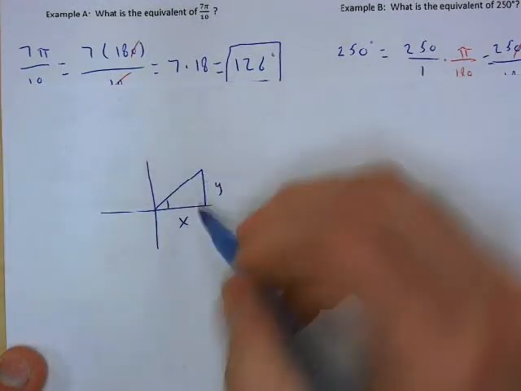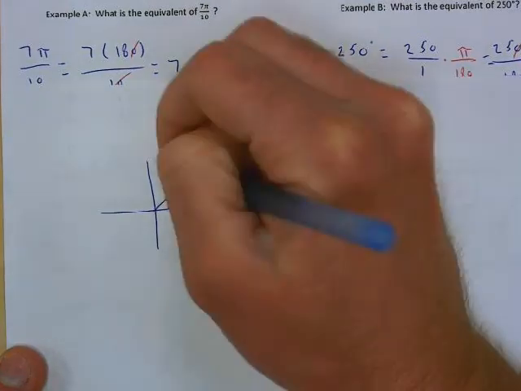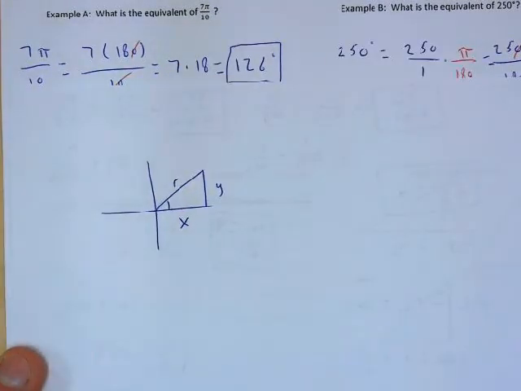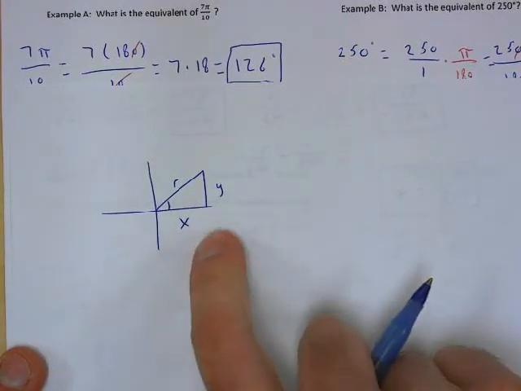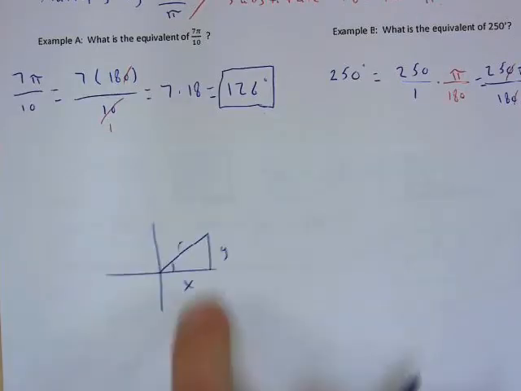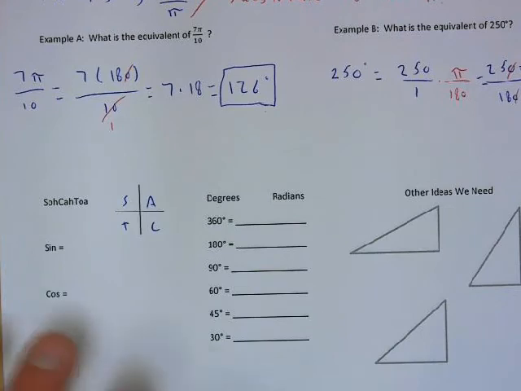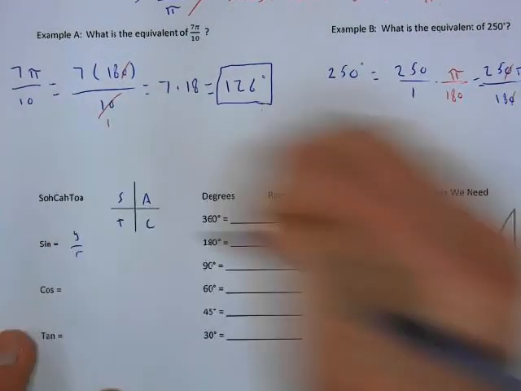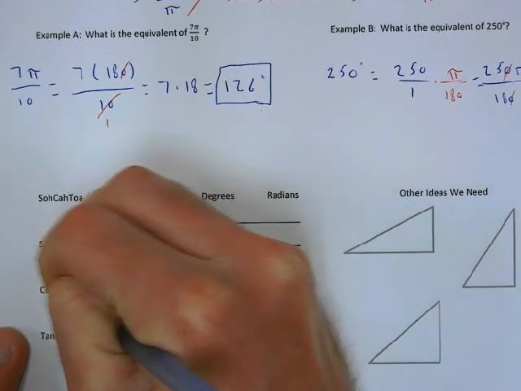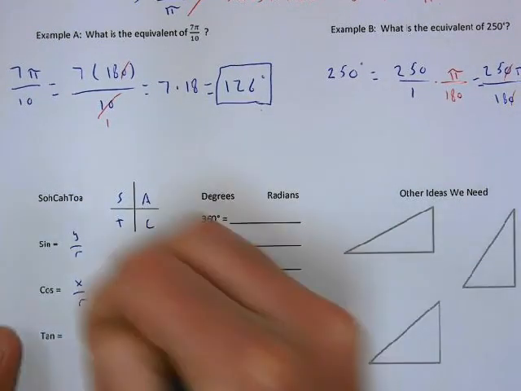And then in the unit circle, this would be my radius. So my hypotenuse is now my radius. Okay, and then now I can replace the definitions of SOHCAHTOA with x's and y's and r's. And when we do that, we get sine is y over r, cosine is x over r, and tangent is y over x.